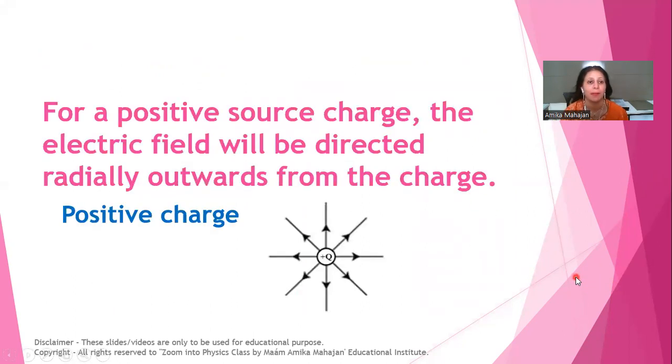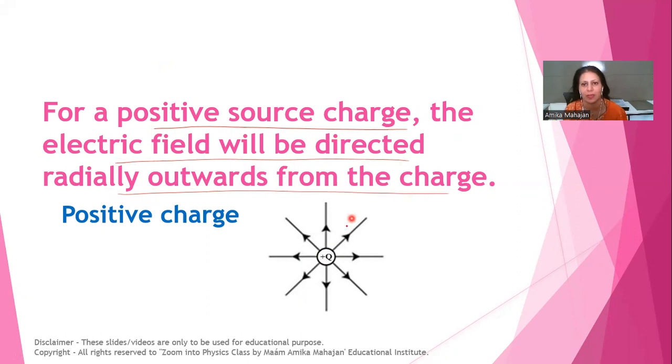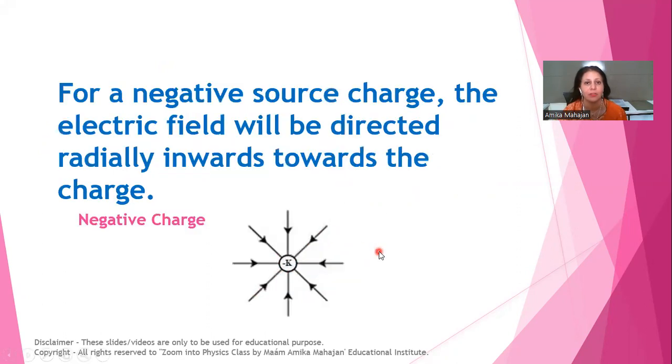Now we should keep in mind that for a positive source charge, the electric field will be directed radially outwards from the charge. So electric fields are radially outward. But if we have a negative source charge, already we have told what is source charge and test charge.